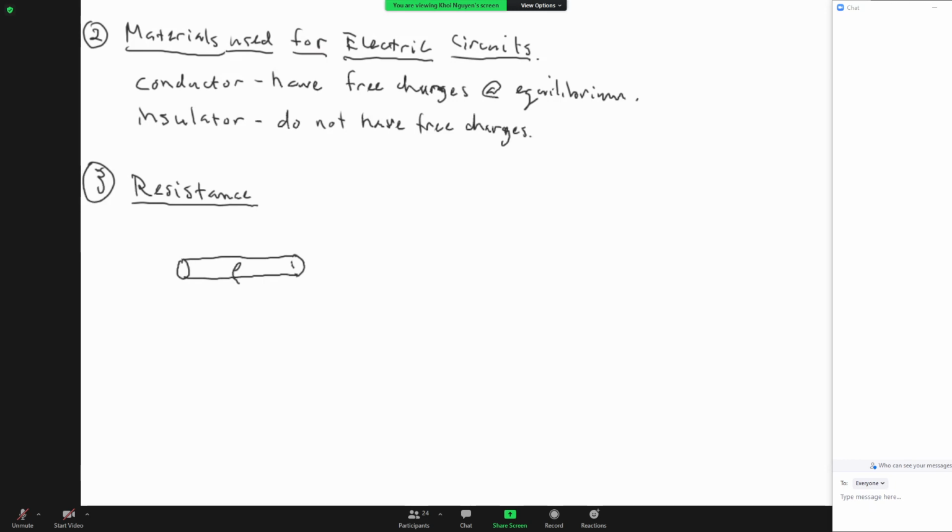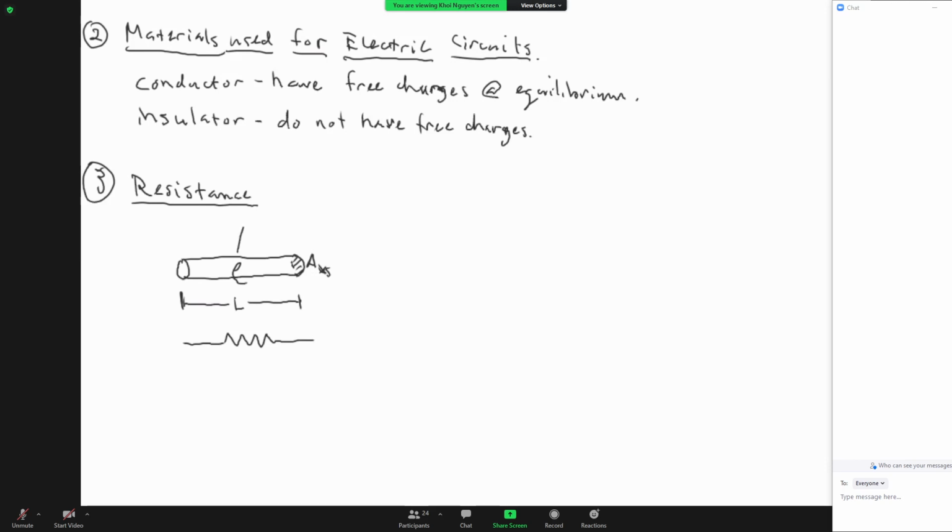There's some resistivity, there's some cross-sectional area that we care about, and then there's a length of that electric wire. Later, we're going to put this in an electric circuit and simulate it by calling it a resistor. But a resistor is actually any type of current carrying material that has a resistivity associated with it.